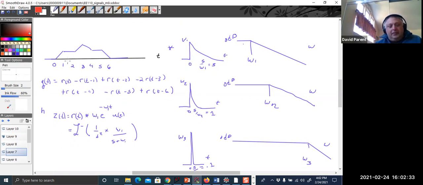Well, this shape starts and ends at 0 and takes 6 seconds to do that. This starts and ends at 0. And I'm calling this distance 3 seconds. So it's going to be 6. That shape is going to be non-zero, right, for that amount of time.